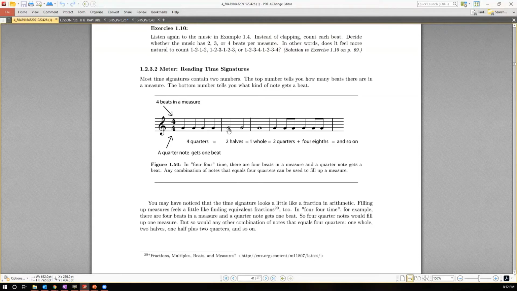We have two crotchets in this one minim, and two crotchets in this one minim. We can't see any quarter note here, but we see two half notes, which satisfies this time signature.